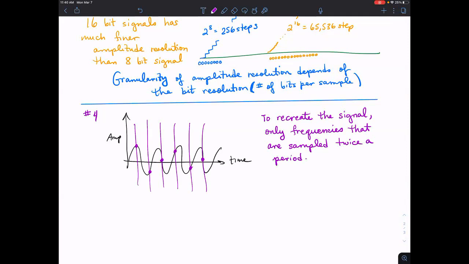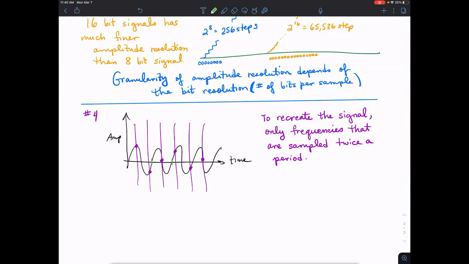So if you look at an example here, from right here to right there would be a period of this wave, and there's only one sample. So you actually cannot reproduce this. If you were to digitize it using this sampling rate dictated by the purple lines, you could not recreate this wave when you did the digital to analog conversion.